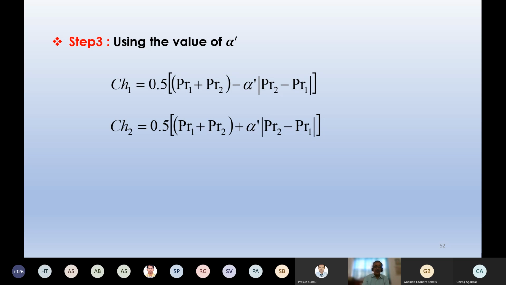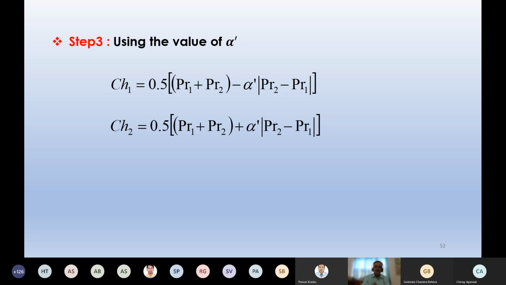Then, we know the value of alpha prime, so alpha prime is multiplied by the mod value of the difference between parent 2 and parent 1. That is the spread factor, the ratio between the difference between the children and the difference between the two parents.